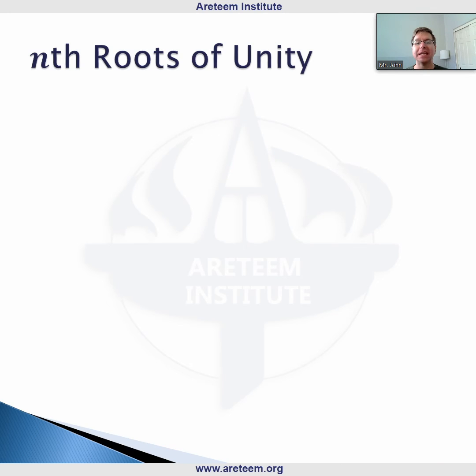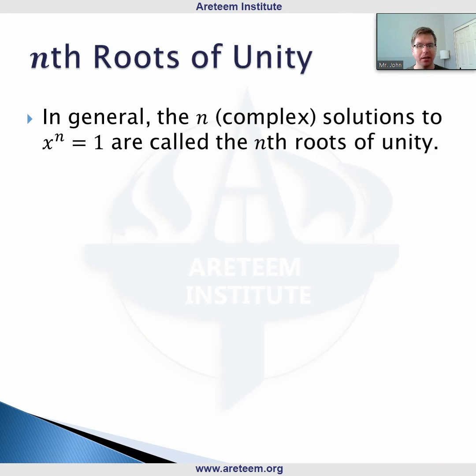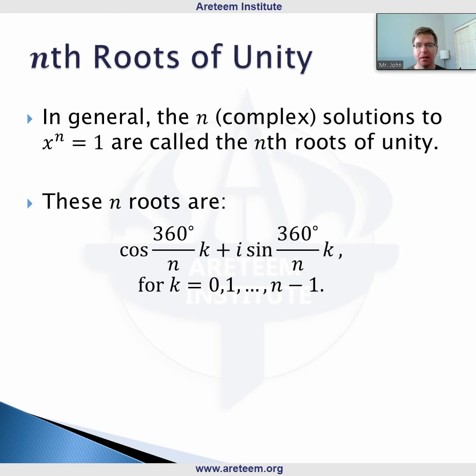These are what are called the nth roots of unity. So the n solutions, some of them are complex. You could have real solutions. Often 1 or -1 is a solution if n is even. And these are equally spaced around our unit circle, and they're all these multiples of 360 divided by n.